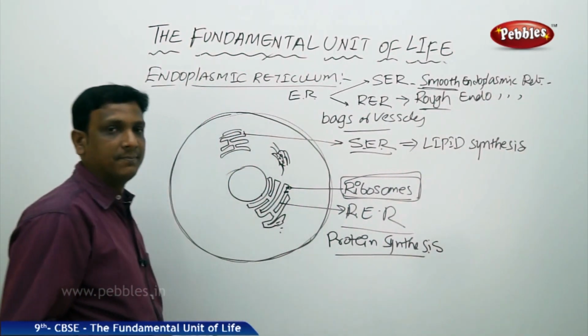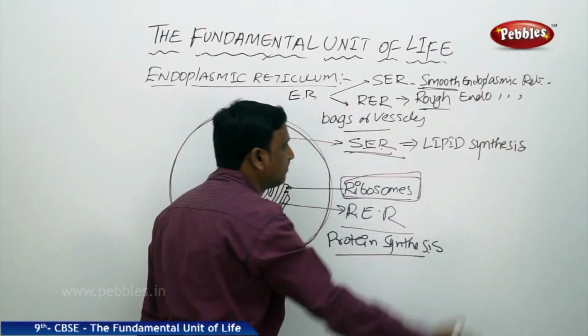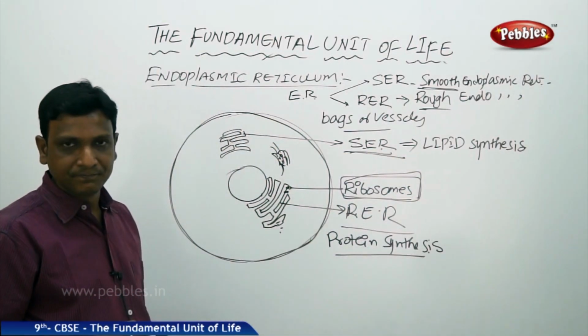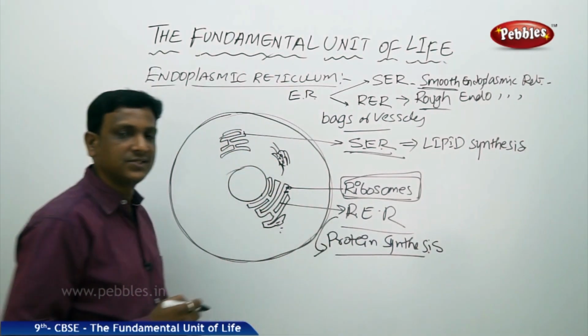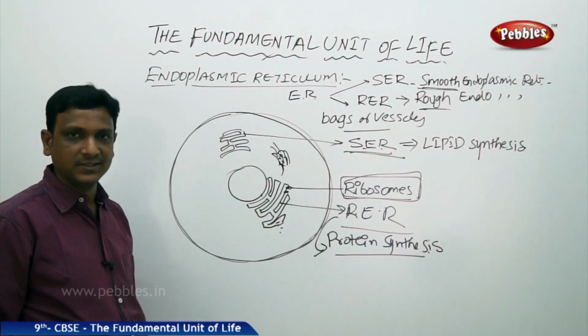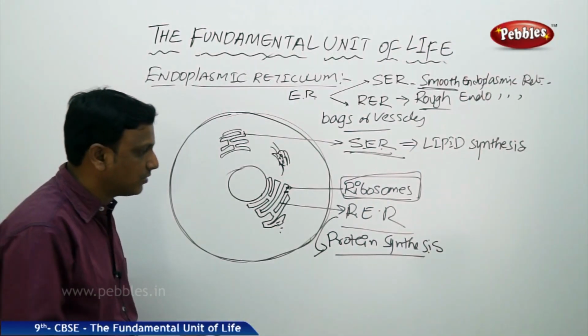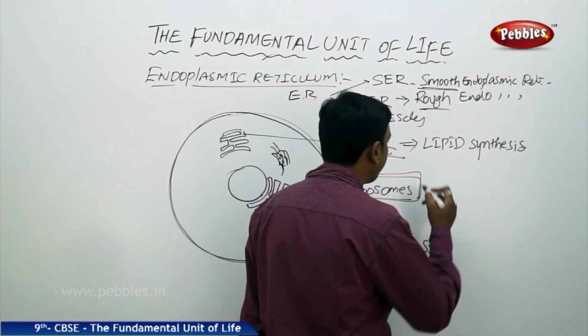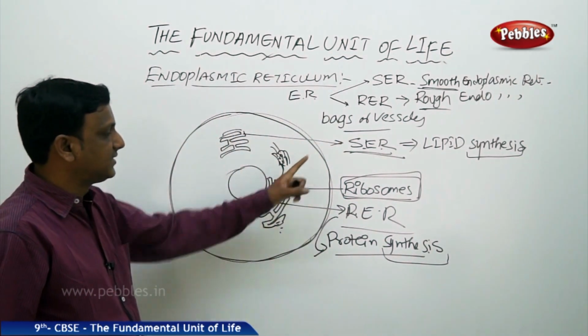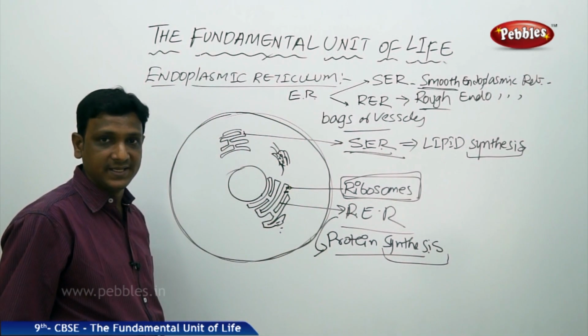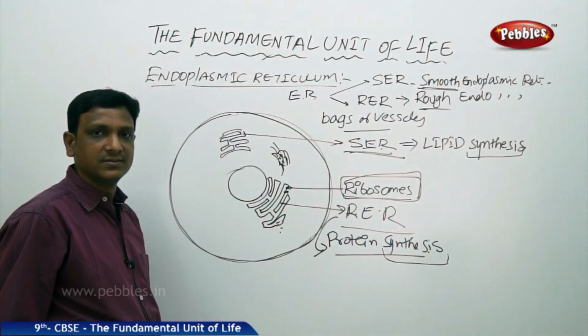They manufacture lipids. Rough endoplasmic reticulum manufactures the proteins. The manufacturing, the preparation, is termed synthesis. So this is achieved by SER and RER, making lipids and proteins.